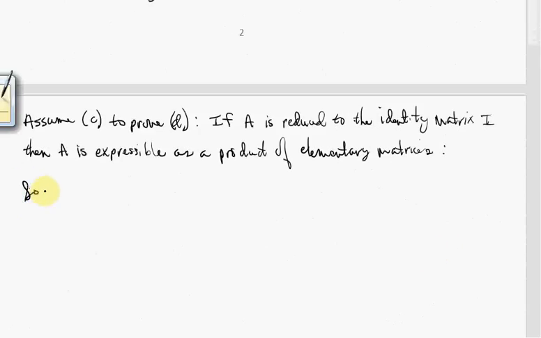So here, if A can be reduced to the so-called identity matrix, how do we do that? We reduce A to its identity by performing a single elementary row operation to A each time, such that we produce the identity matrix.